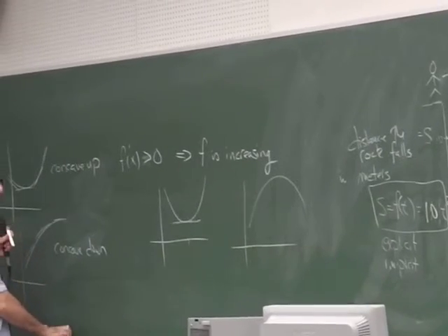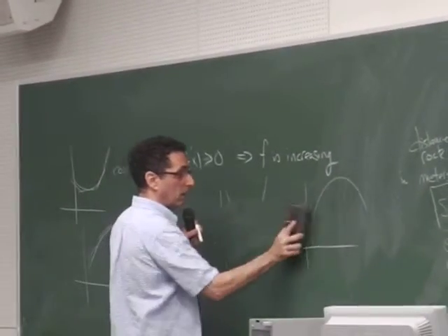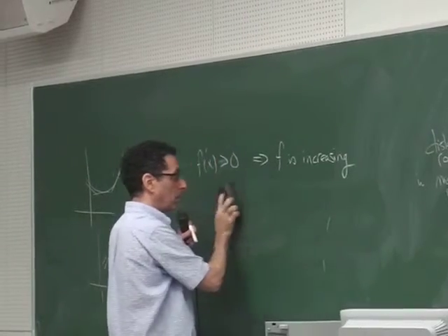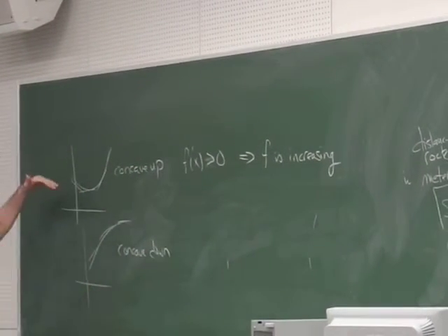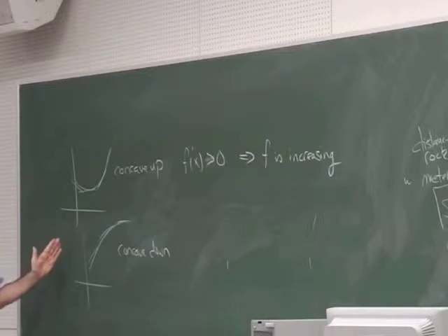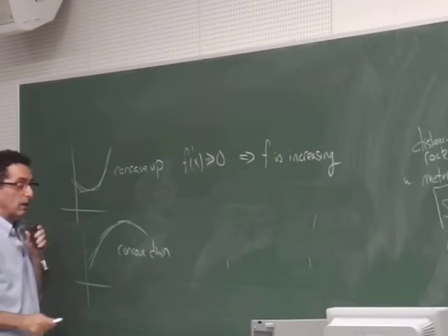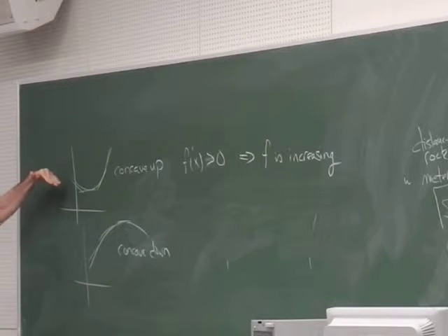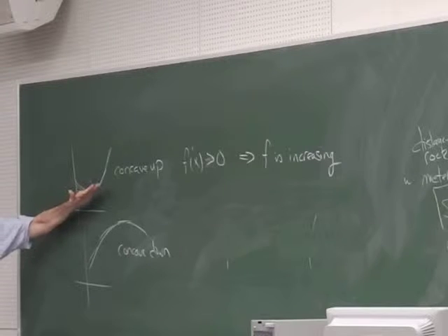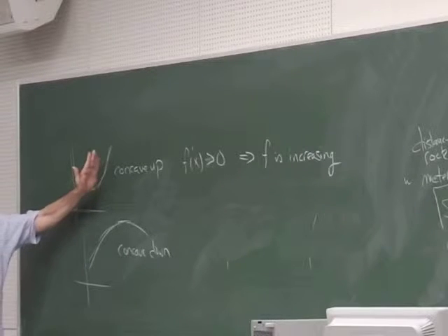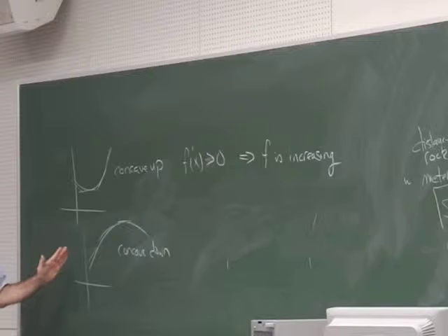So why does the second derivative tell me whether it's concave up or concave down? Well, if it's concave up, what is happening to the slope? Versus if it's concave down, what is happening to the slope? So what's happening here? The slope is negative, less negative, 0, positive, more positive, more positive. What's happening if it's concave down?